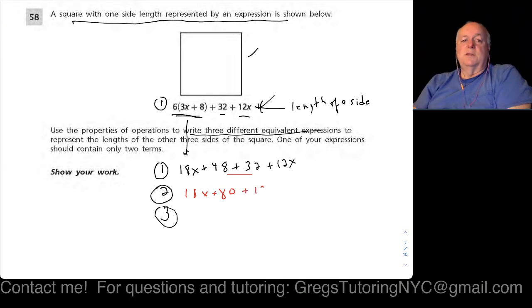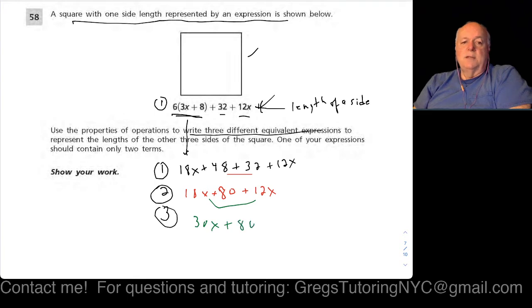That's it. That's all they're asking me to do. And then the third form we're going to do is combine the x's. So I have an 18x and a 12x, that's 10, 20, that's 30x, plus 80. That's all they're asking to do.